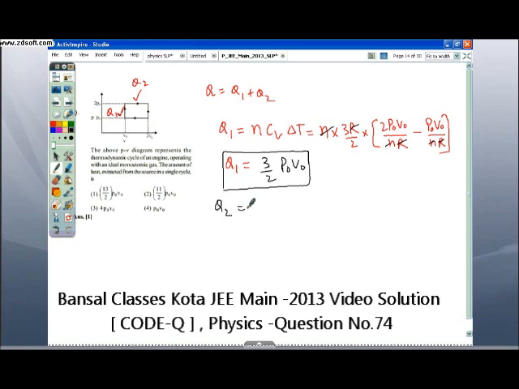Now Q2, this process is taking place at constant pressure. So heat involved is n Cp delta T, which comes out to be n 5R by 2. Now delta T, final temperature is 4 P naught V naught upon nR minus this 2 P naught V naught by nR.